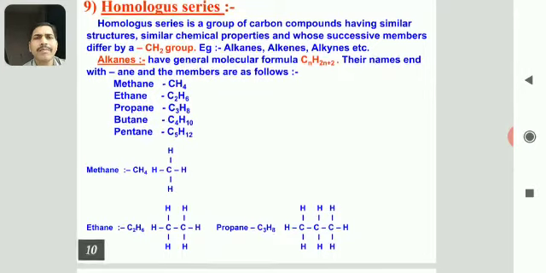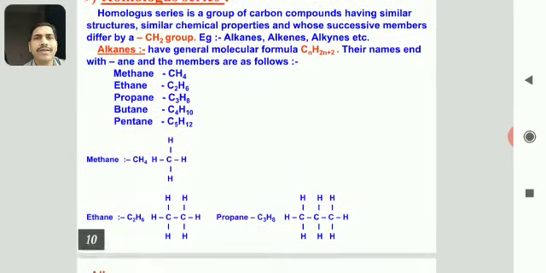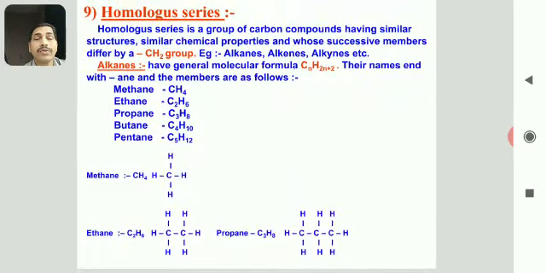That means the number of hydrogen atoms is 2 more than double the number of carbon atoms, and 2 more hydrogen atoms are added. In the second case, that is ethane, you can see that the carbon atoms are 2 and double of carbon is 4, so 4 plus 2, 6 hydrogen atoms are there.